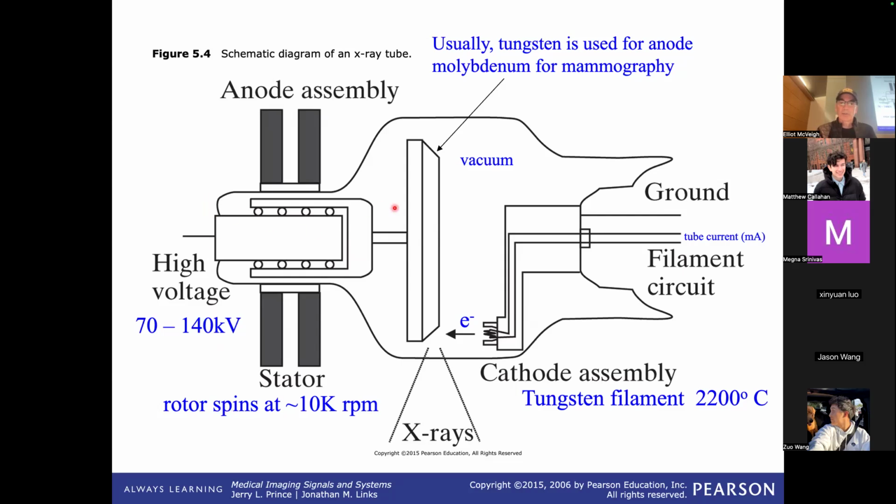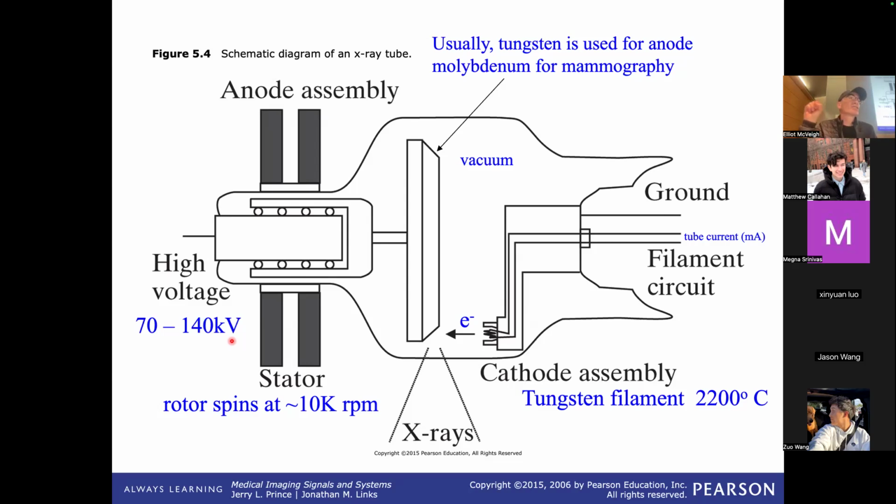The voltage between this and this is somewhere between 70 and 140 kilovolts. So it's a high voltage, right? The electron, once it boils off here and flies across this gap, if it's 140 kilovolts across the gap, by the time it goes from one side of the gap to the other, it's just about to hit the target, its velocity is giving it 140 kilo electron volts of energy.